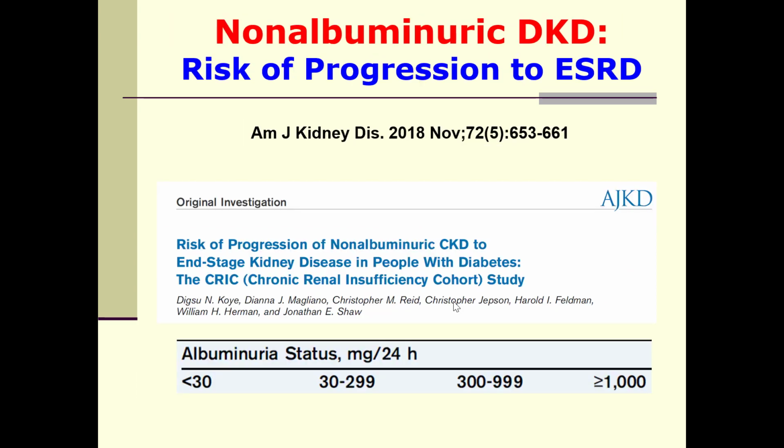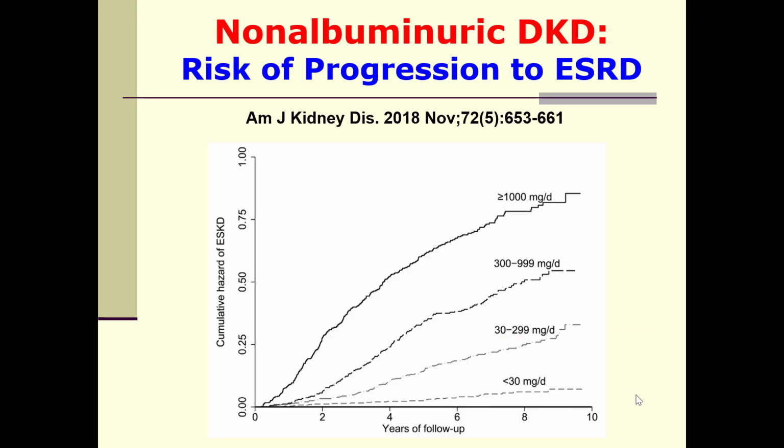Another interesting piece of data came from the Chronic Renal Insufficiency Cohort study. Here they correlated the outcome, the risk of progression of patients with diabetes to end-stage kidney disease. So we have non-albuminuric or moderately albuminuric, higher and very high level of albuminuria. What is the risk of end-stage kidney disease?